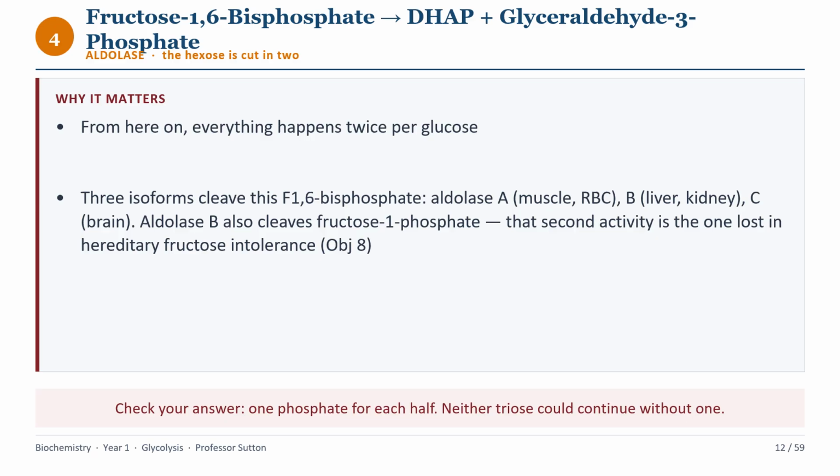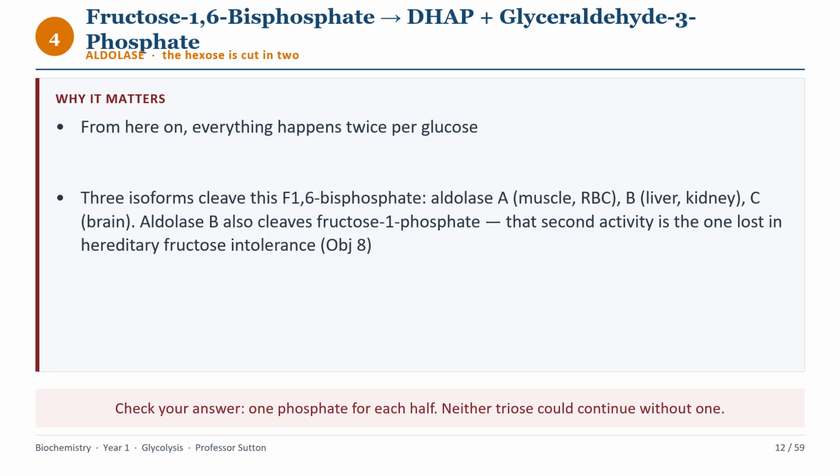The exam point on this slide is the isoforms. Aldolase A is in the muscle and red blood cells. Aldolase B is in the liver and kidney. Aldolase C is in brain. All 3 cleave fructose 1,6-bisphosphate, but aldolase B has a second job.